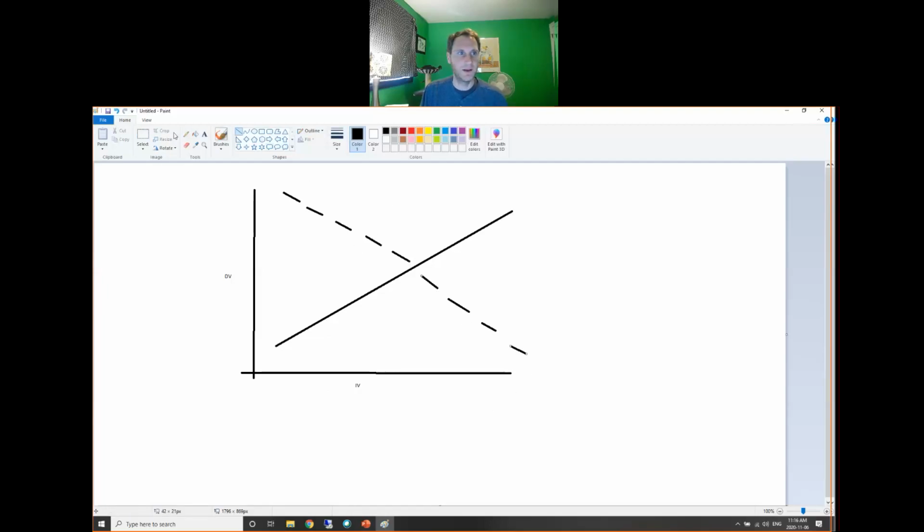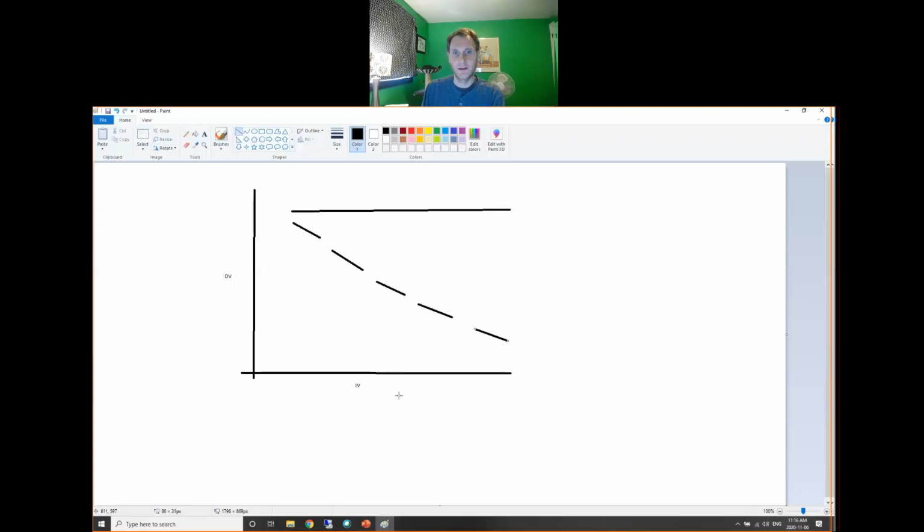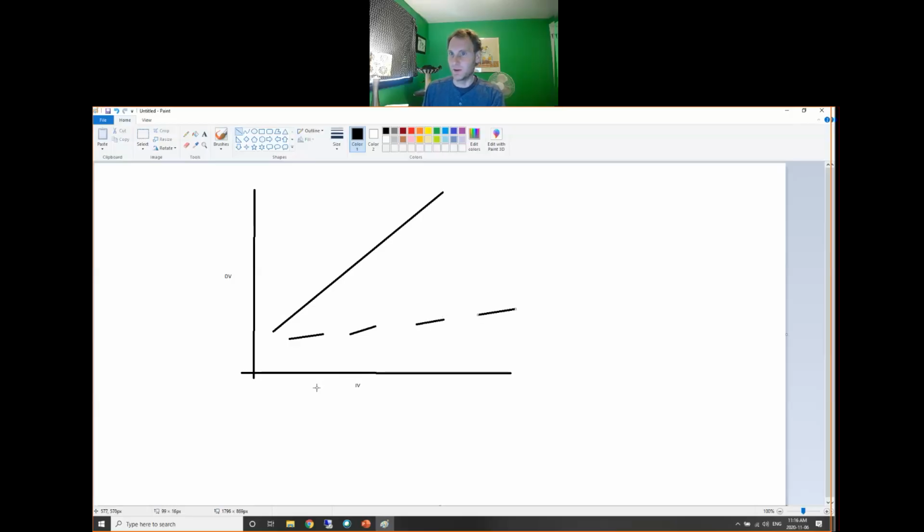Those lines are not parallel. But I might have something that looks like this. Those lines are not parallel. Or I might have something that looks like this. Those lines are not parallel. As you see, lots of different ways that an interaction can play out.